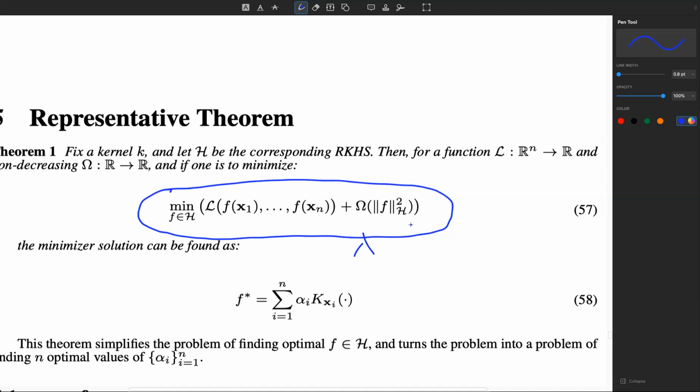So if you look at something like this, I'm trying to minimize a function, where f is a function. And apart from the regularizer, the only constraint I have is that this function has to be an element of your RKHS. That's it. I'm defining a k, that's it.